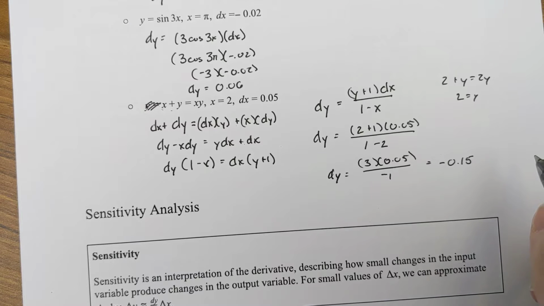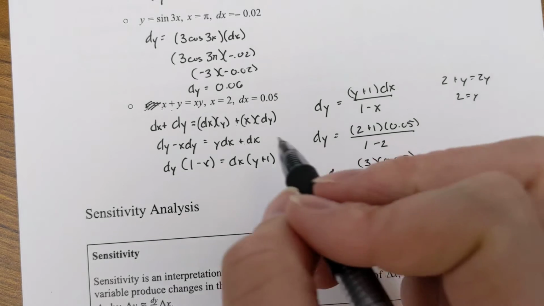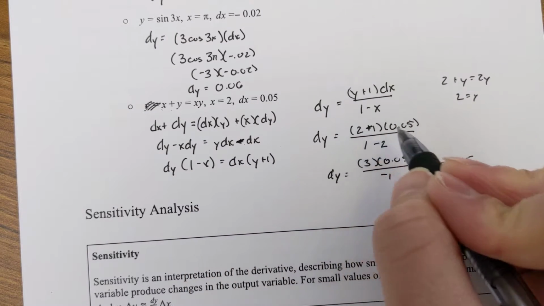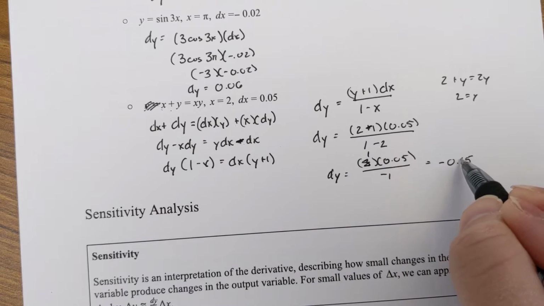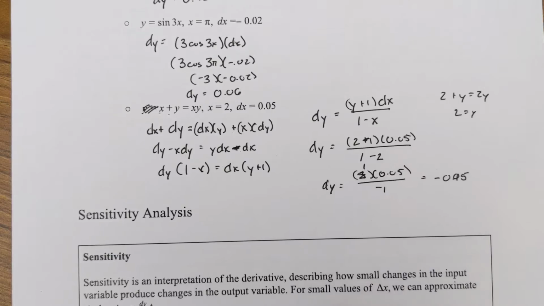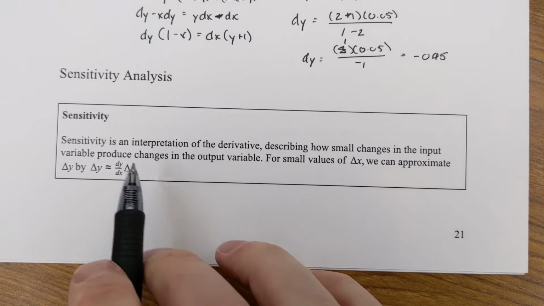Oops, nope, that's negative, which means this should be minus, which means this should be 1, which means this should be negative 0.05.